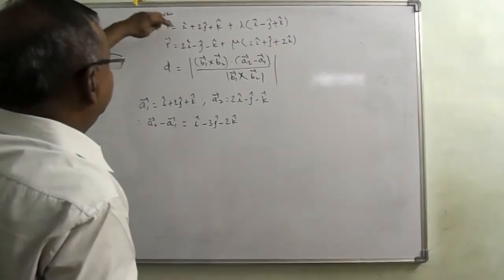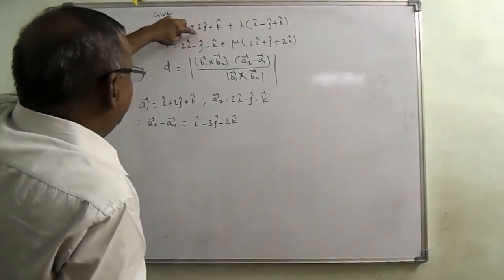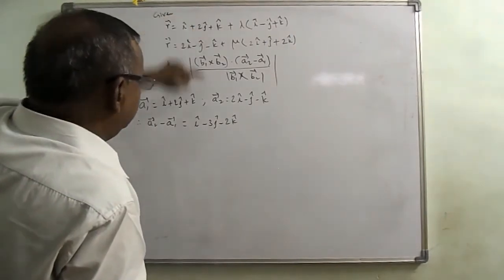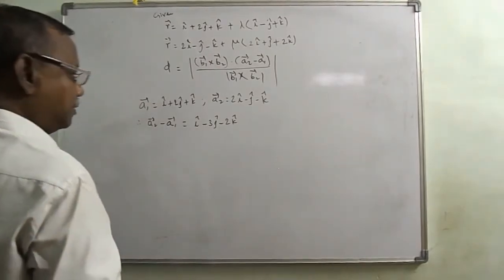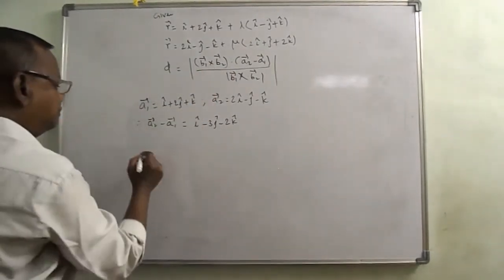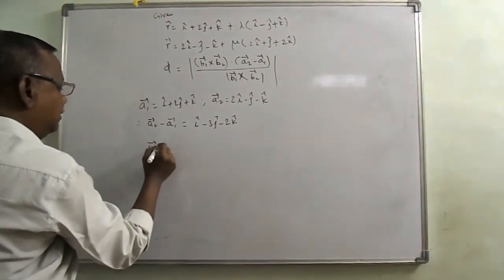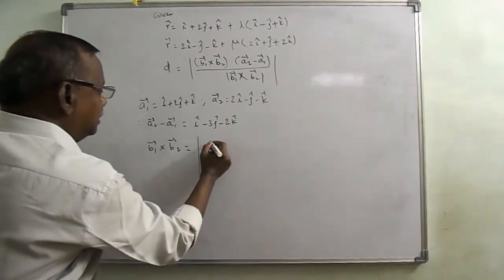Here a2 minus a1, that is 2 minus 1, 1, and minus 1 minus 2 equal to minus 3, and minus 1 minus 1 becomes minus 2. Now find b1 cross b2. Now b1 vector cross b2 vector equals determinant.